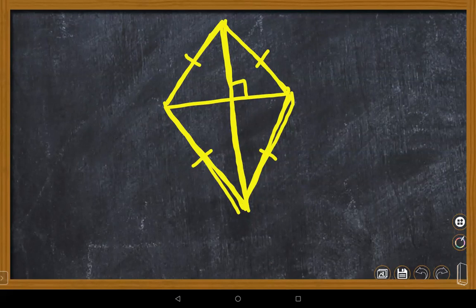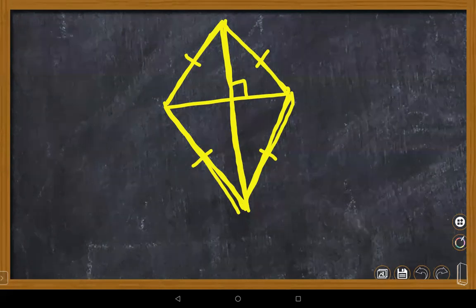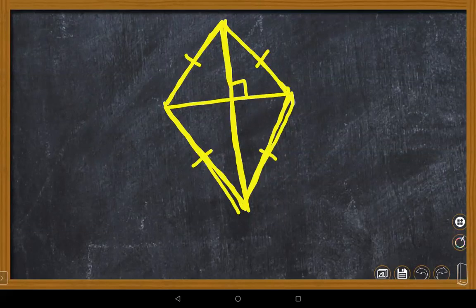Very good. Not only that, all sides are equal, as you said, but are all angles equal? No, ma'am. Opposite sides are equal, but all angles are not equal.